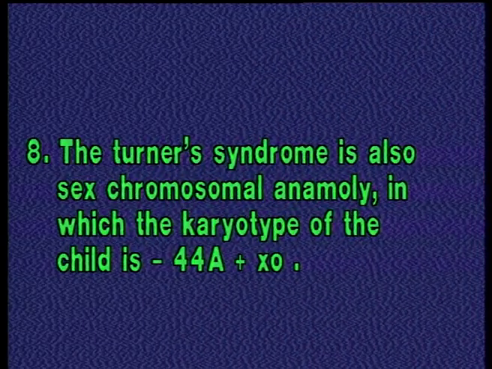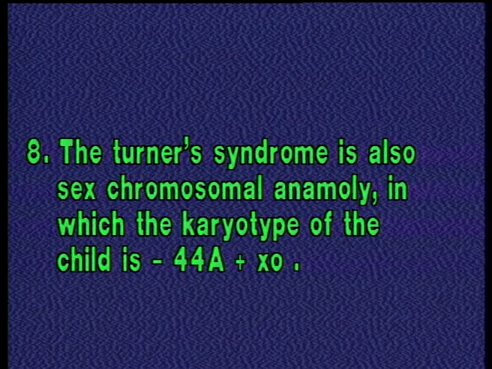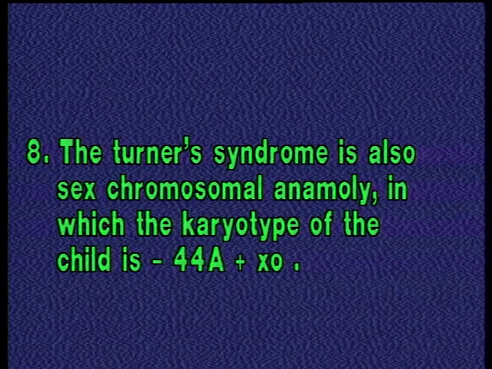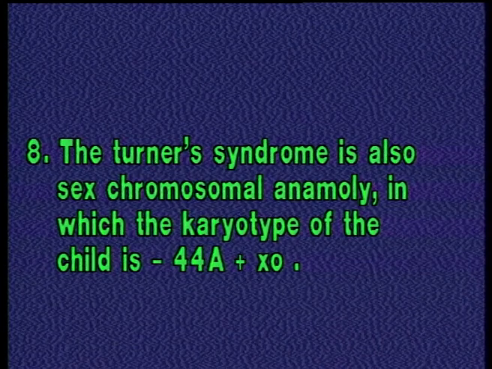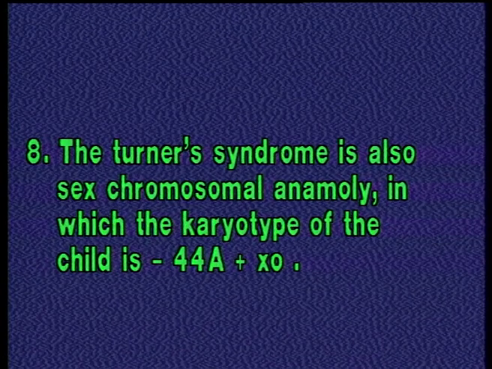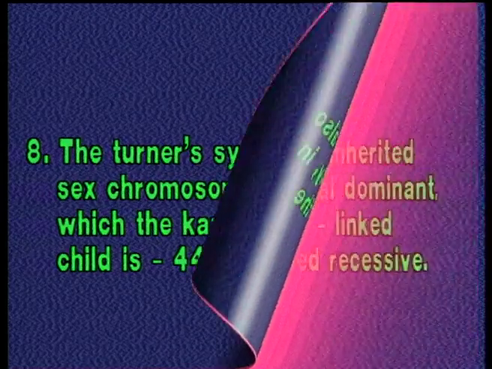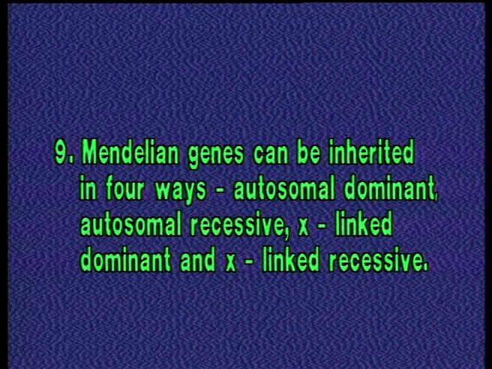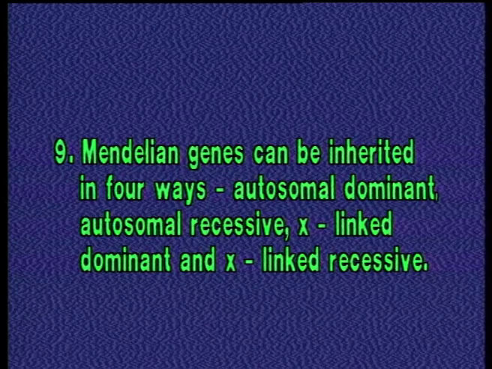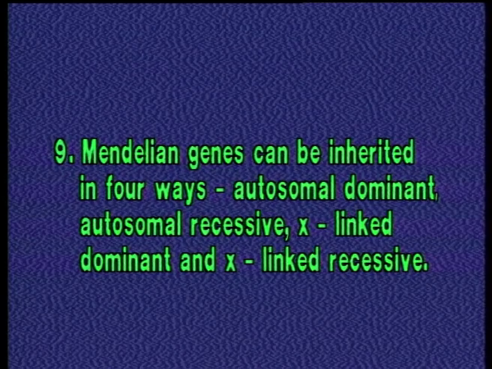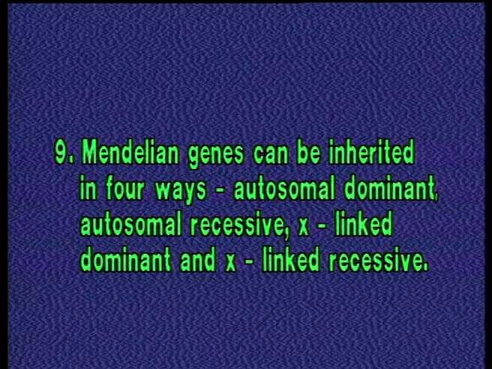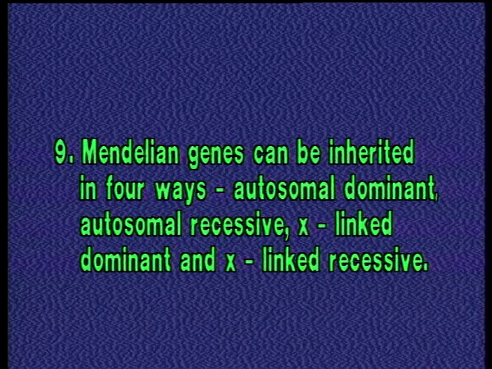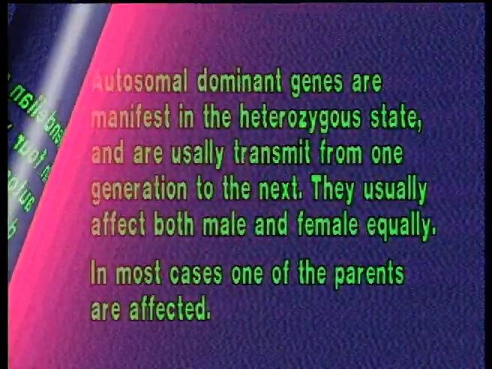Number 8, Turner syndrome is also a sex chromosomal anomaly in which the karyotype of the child is 44 autosomes plus XO. Number 9, Mendelian genes can be inherited in 4 ways: autosomal dominant, autosomal recessive, X-linked dominant and X-linked recessive.